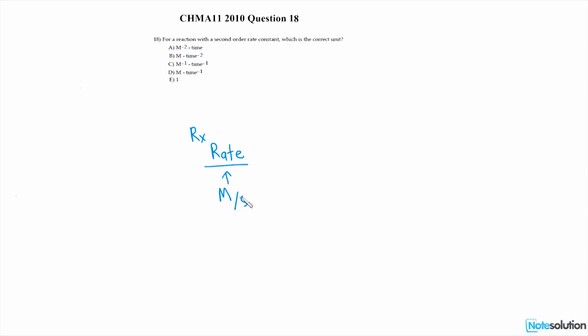So how does the concentration change? Does it increase or decrease with respect to time? It is equal to some constant, right?